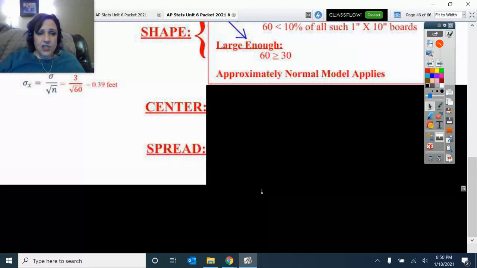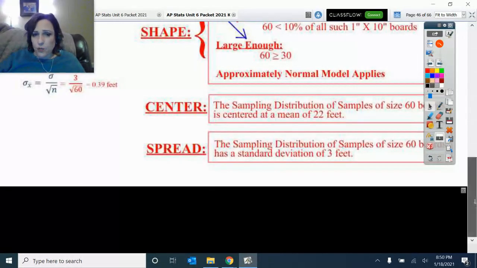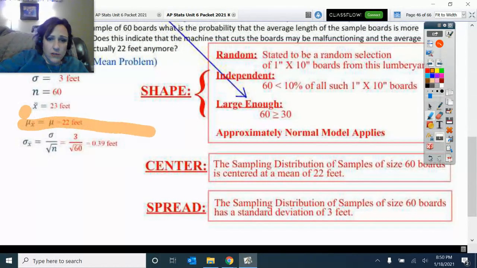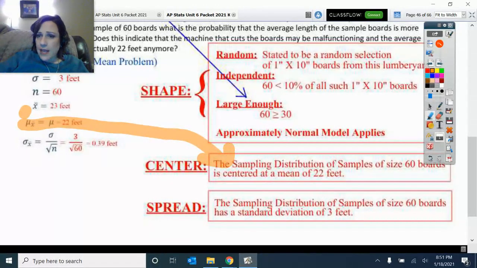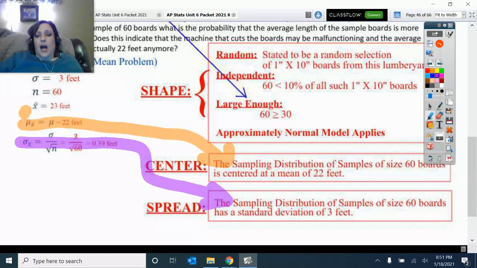Now coming on down to the center and the spread, you don't have to write it out in words. Again, you can just write that formula for the center, and then you can do this for the spread. Okay. All right. That's how you do this.